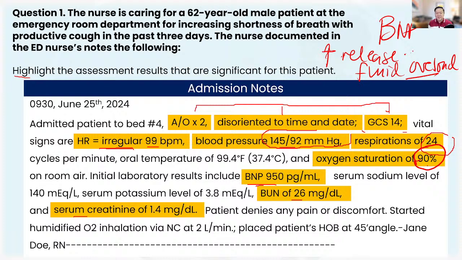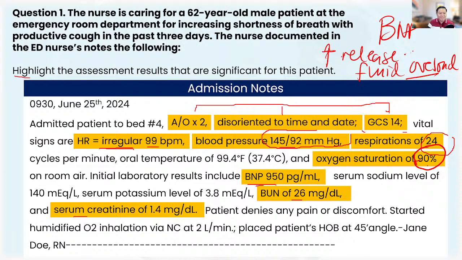However, in this scenario, it's no longer effective. Okay, it's only going to increase in value if there is fluid volume overload. However, it will not be effective in causing the diuresis. It will not be effective in causing the excretion of sodium ions in the blood. Okay, because supposedly that is the role of the BNP.